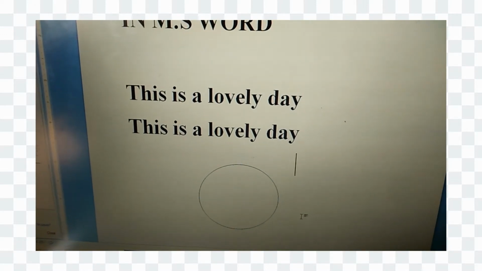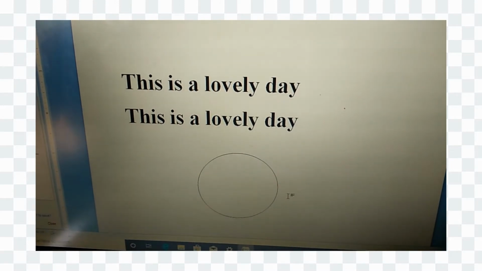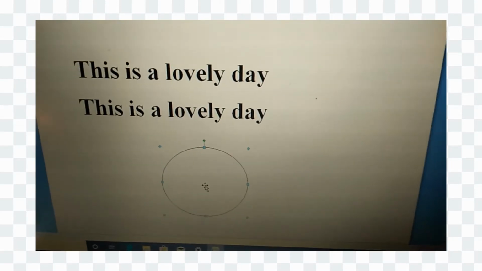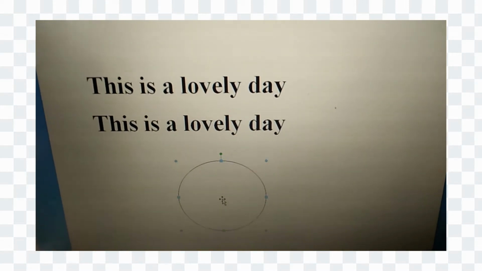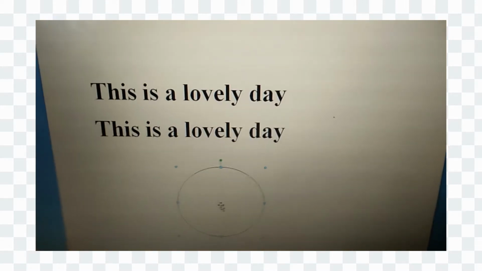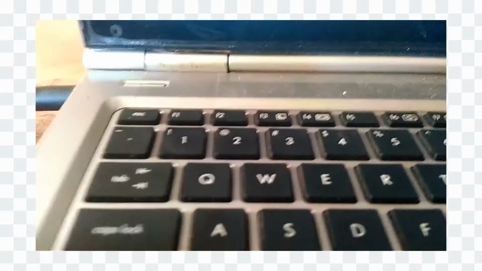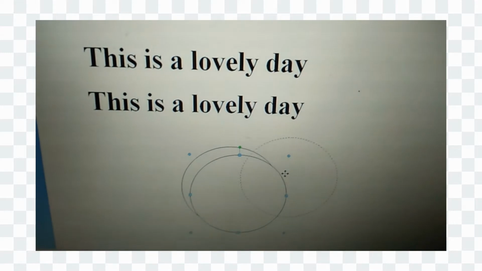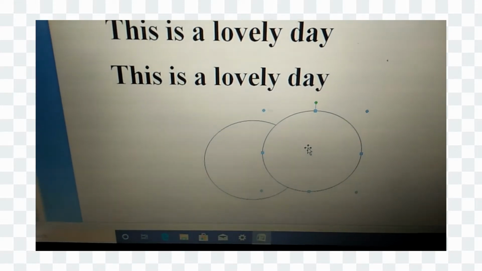So if you did this and maybe you need two other circles, no need to go back and draw a circle. You could just use your Ctrl key plus D, and that makes the circle double. That's two. And if I double click and drag, look, I have two circles.